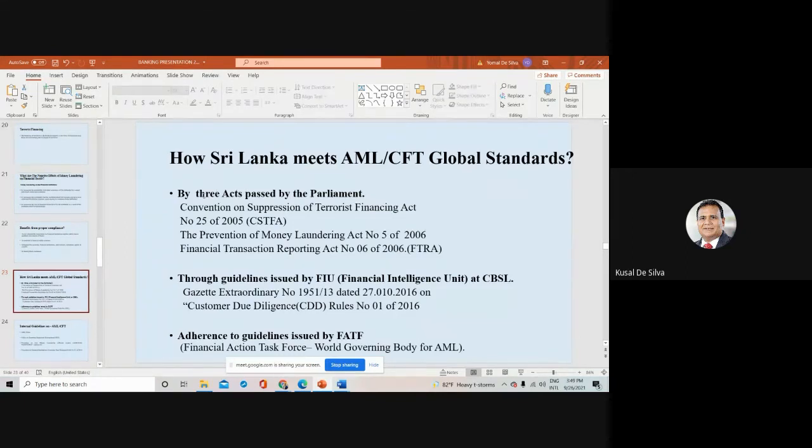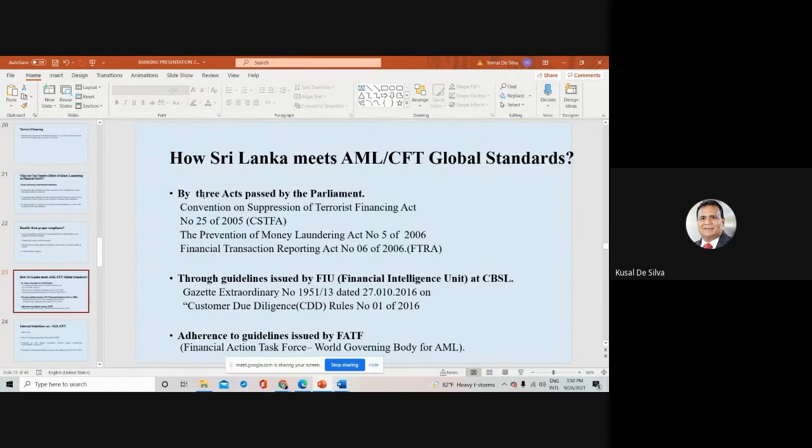There are 3 acts passed by the Parliament. One is the Convention on Suppression of Terrorist Financing Act, number 25 of 2005.